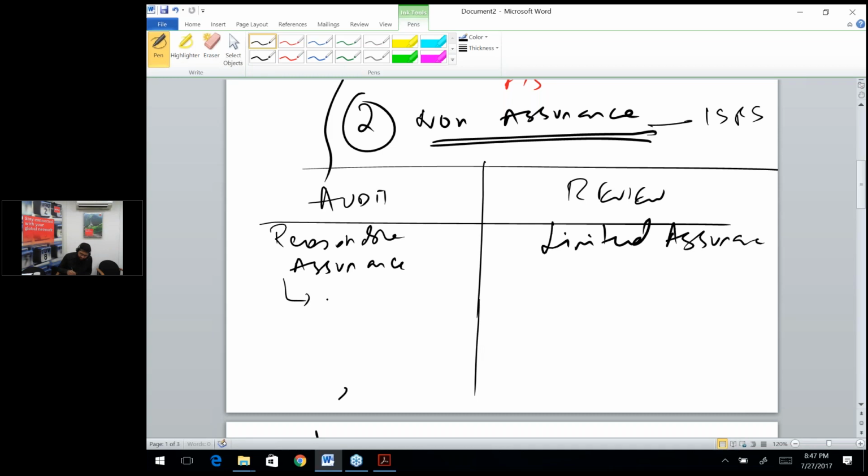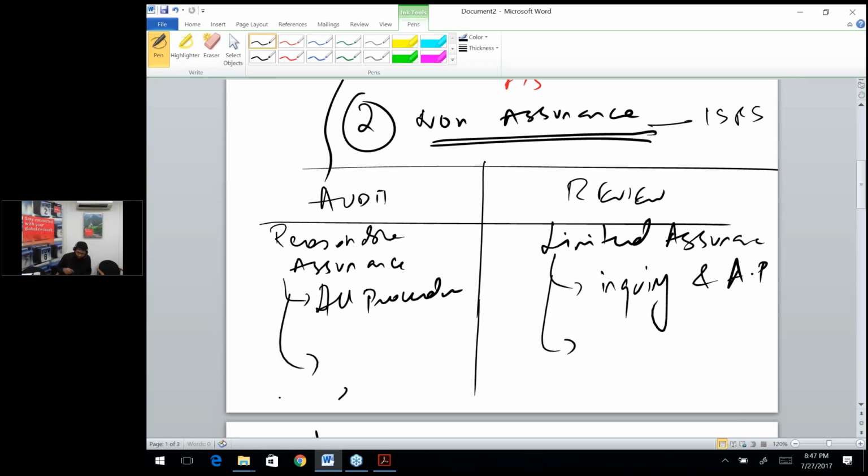Now why exactly is that so? Because in an audit we perform all procedures, while in a review we perform only inquiry and analytical procedures. So one is reasonable assurance, with all procedures, and the other is limited assurance, with inquiry and analytical procedures. And then there is a positive form of conclusion and a negative form of opinion.